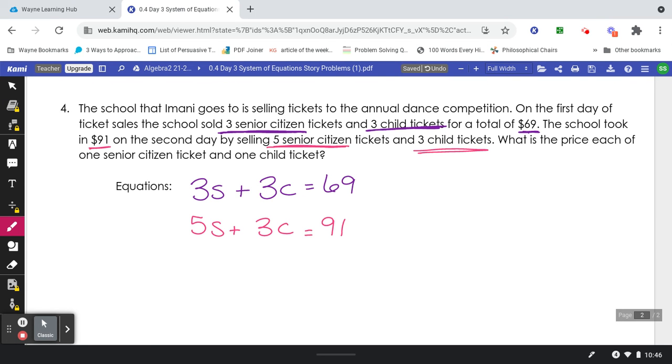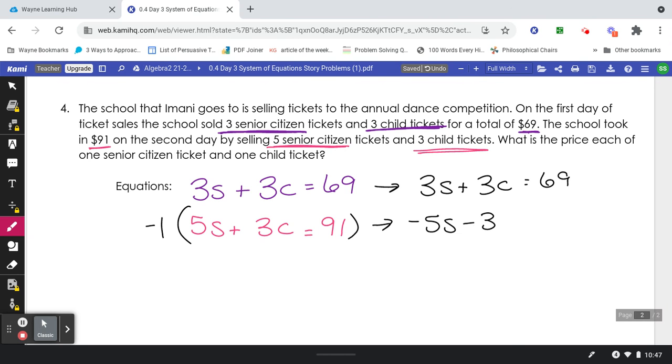I can pretty easily multiply one of these by -1 and get it to cancel out. Keep the top one the same, or you can multiply the top one by a -1. That would work as well. Either way, the C's will cancel.